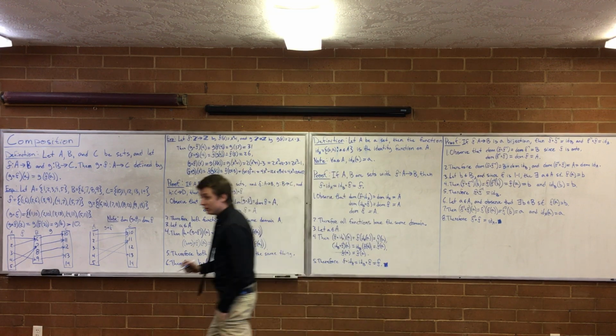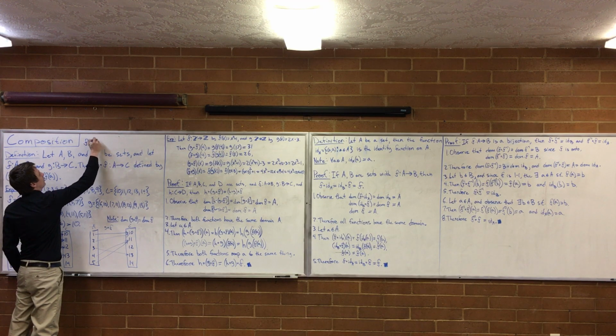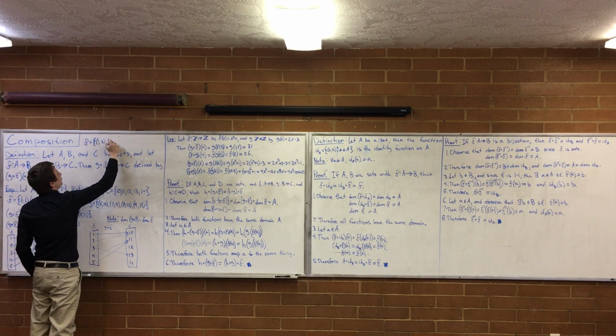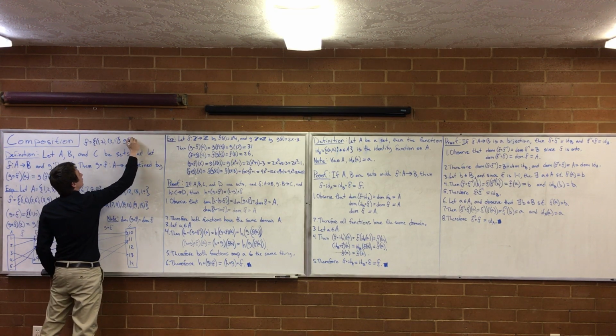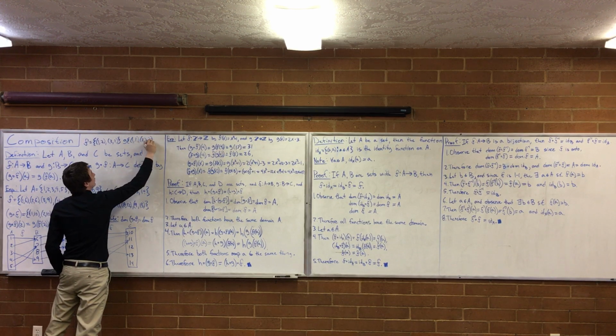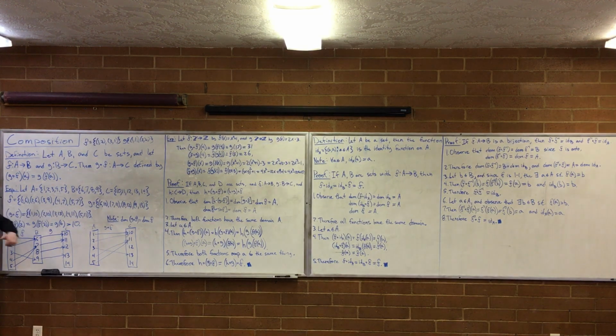Yeah. So look, here's two functions that have the same domain. 1, 2, 2, 1. Here's g equals that. Those two functions have the same domain and the same image, but they're not the same function.